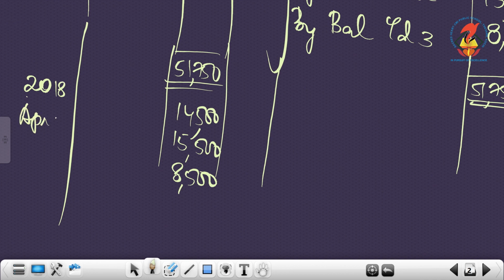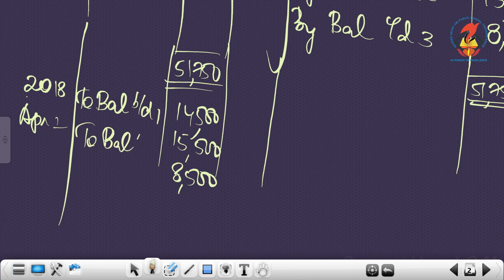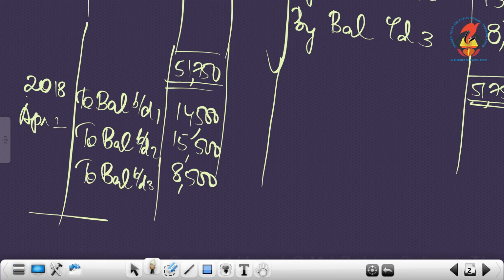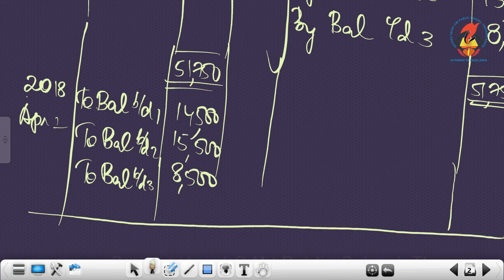The dates are 2018 April 1st, balance brought down 1, balance brought down 2, and balance brought down 3. So these are the figures. After this we can close this account.